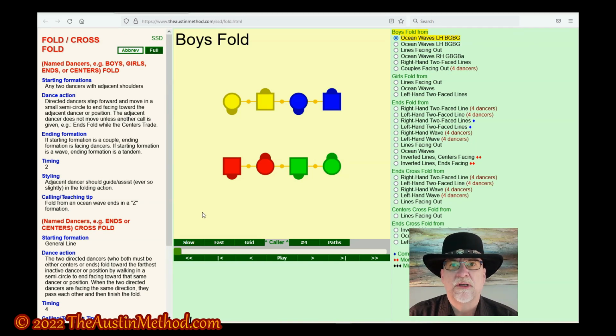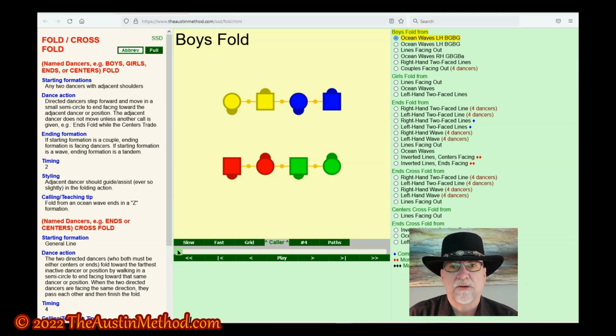So in this case, we're looking at boys fold from Ocean Waves. The boy dancers are going to fold behind the girl dancers. The girl dancers are going to slide together to make a more normal formation rather than stay so far apart. It's breathing. It's not really quite the definition of the call because they might already be in a position that's normalized, but they'll be breathing together.